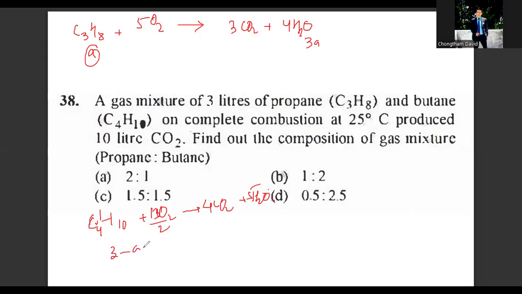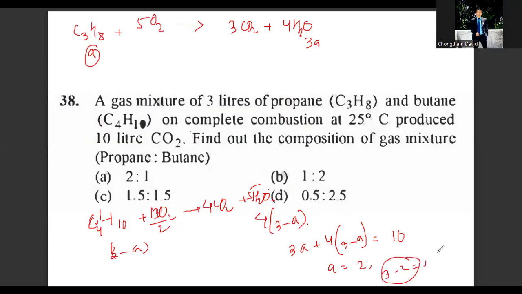Let us write here 3 minus A, so 4 times 3 minus A. So 3A plus 4 times (3 minus A) will be 10. If you solve this, A equals 2, that is propane, and 3 minus 2 will be 1, that is your butane. So 38 would be 2 is to 1, option A.